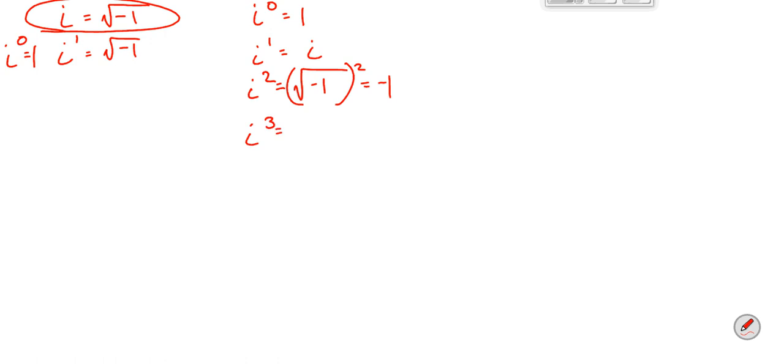Then i to the third, I'm going to think of as i to the first times i to the second. i to the first is i, and i to the second is -1. So I have i times -1, or -i, is i to the third.